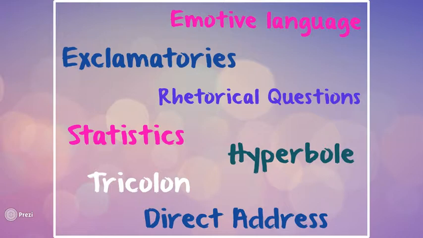So things such as emotive language, the use of exclamatories, which if you're not aware are outbursts of emotion such as O or R. We've got rhetorical questions, statistics perhaps, hyperbole, tricolon, which is basically a fancy way of saying a list of three, and then direct address. If you weren't familiar with any of those, or you wanted to write any down or make notes on them, then you can always rewind the video and pause and do what you want with that material.